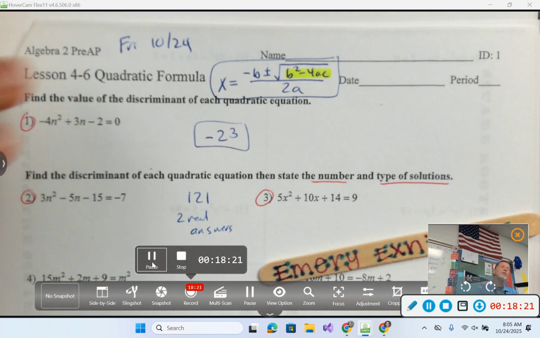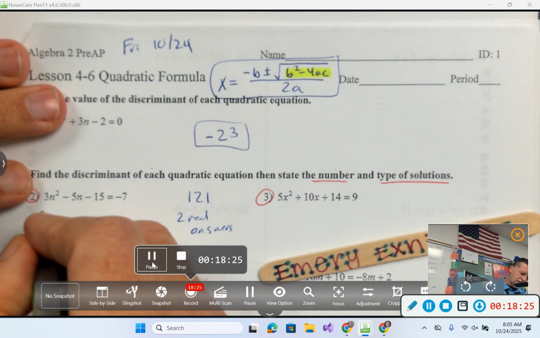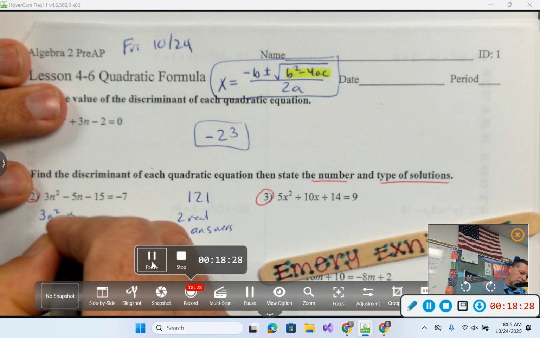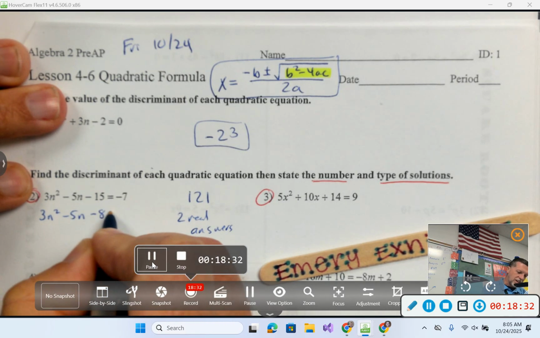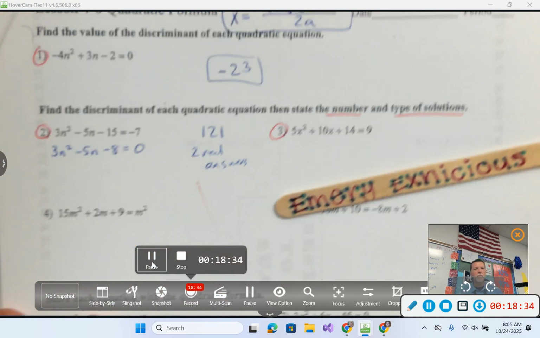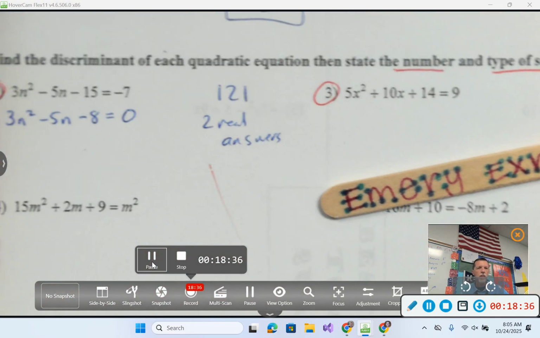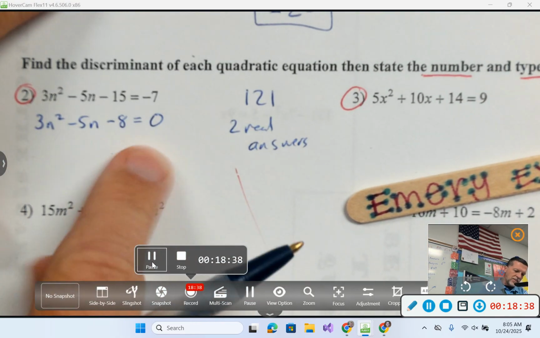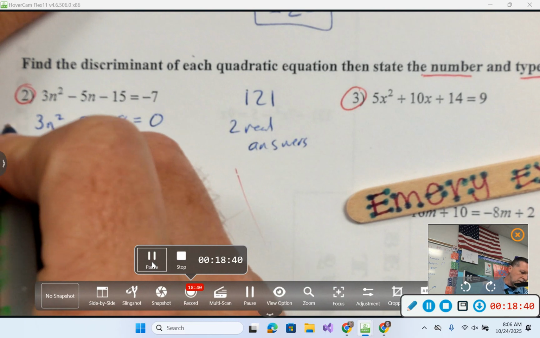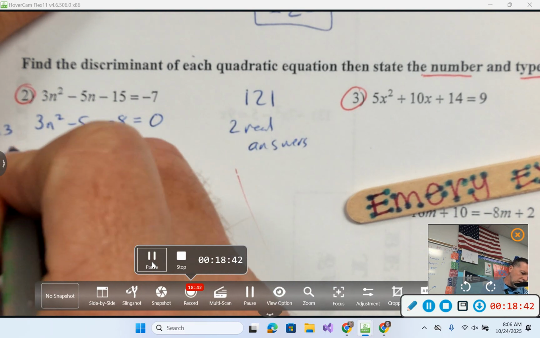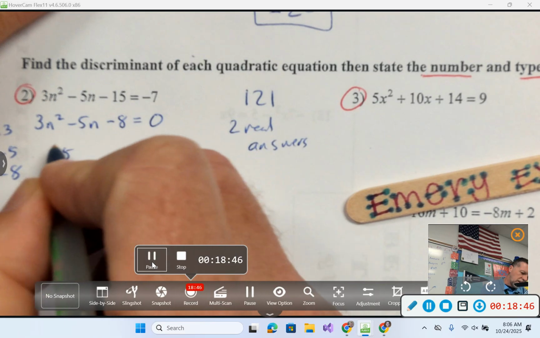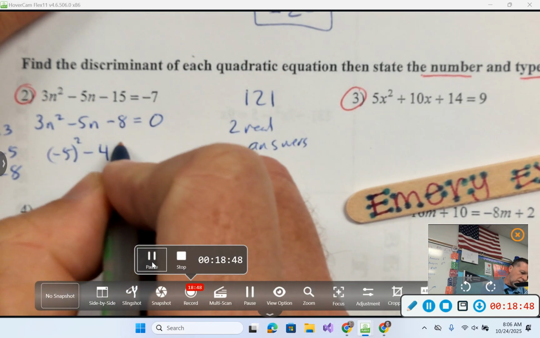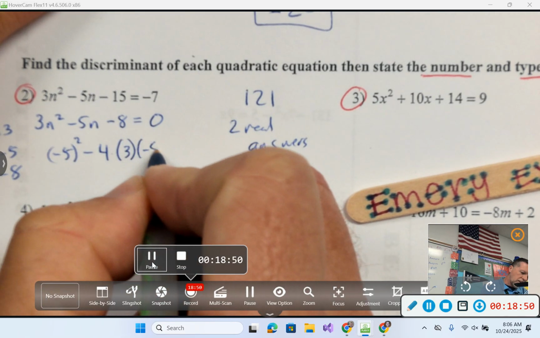Mason, what did you do first? We already know some people forgot this. Move the 7 over. 3n squared minus 5n minus 8. Then there's a, b, and c. If you need to write them down, write them down. So b squared minus 4ac.